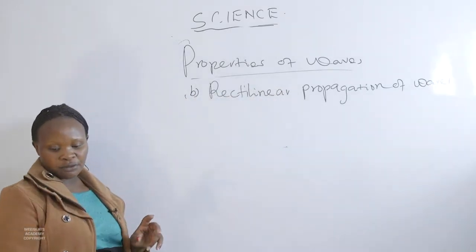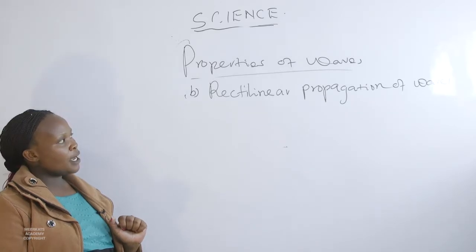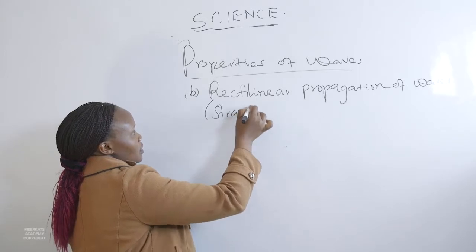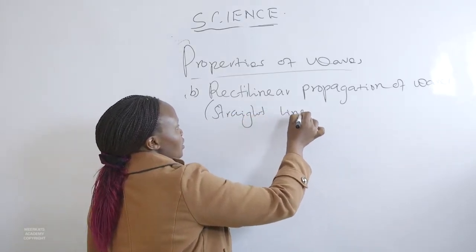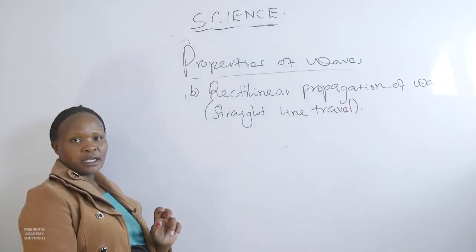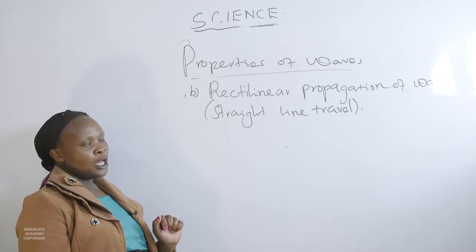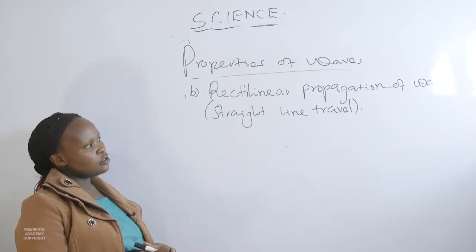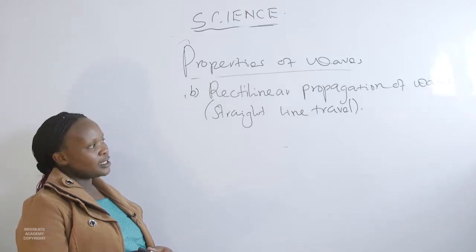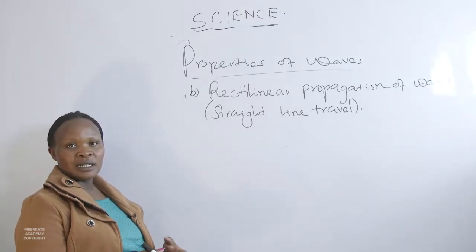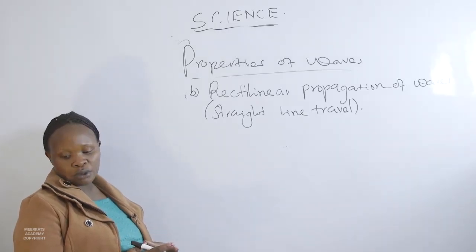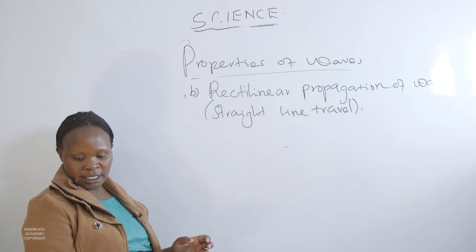This one is the straight line travel property, and it is actually the suggestion that waves will always follow a straight line. Whichever type of waves you are looking at, the direction of motion will always be a straight line.